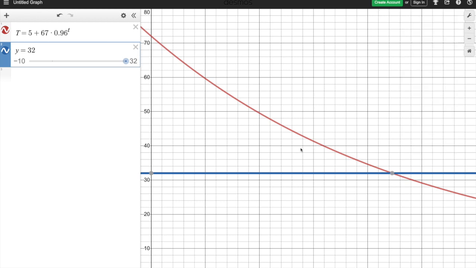And once we expand our graph, we can see where the exponential function for the temperature of our water crosses the line for 32 degrees. And that's here at this highlighted point. So after 22.264 minutes, the temperature in the ice tray is going to reach the freezing point.